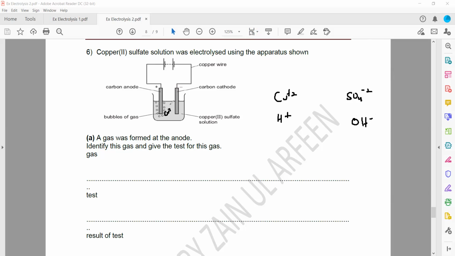Copper ions are attracted towards the cathode, gain electrons and turn into copper atoms, so the size will increase. Hydroxide ions will move to the anode and give oxygen gas. So we have to write a test for oxygen gas, which we will discuss next week with the test for the gases.